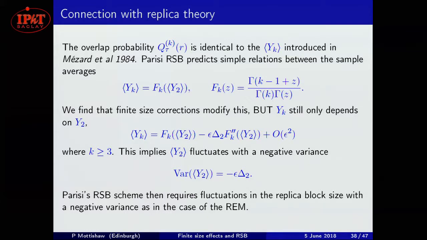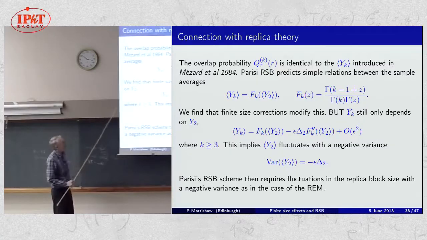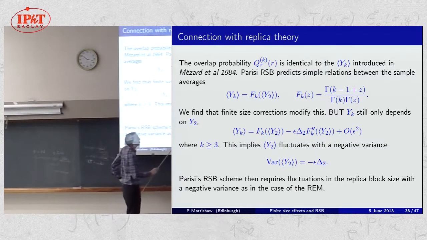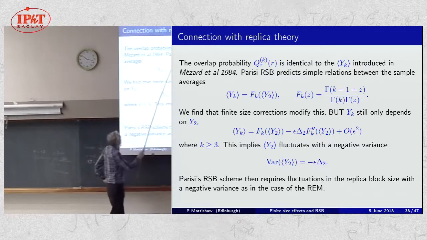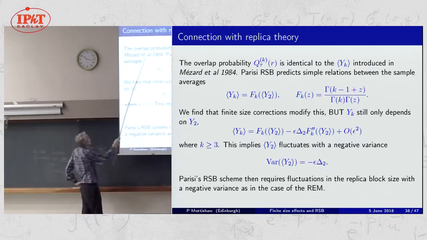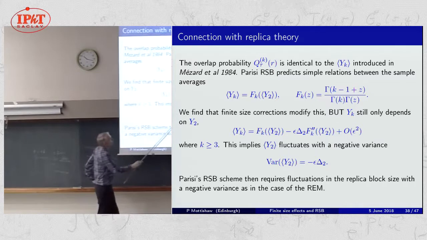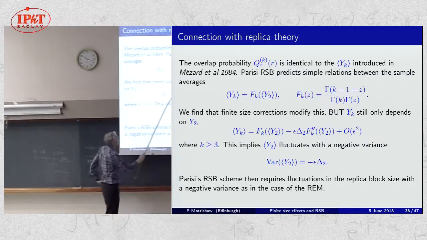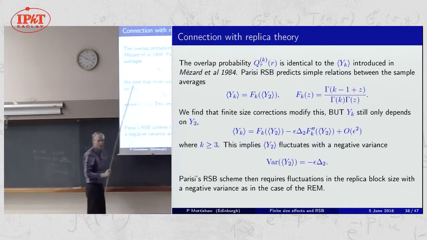So one way of thinking about this, and this is where I was talking about the notation, in the original literature, so Mézard et al. in 1984 introduced this expression y_k, and this is actually equivalent to what we've just been calling q_k, unfortunately.